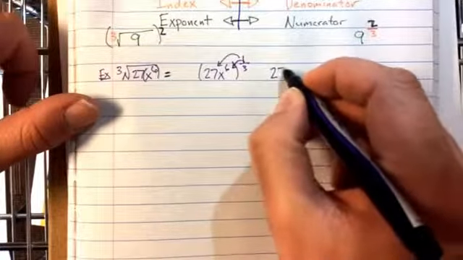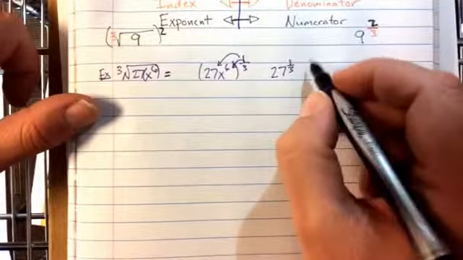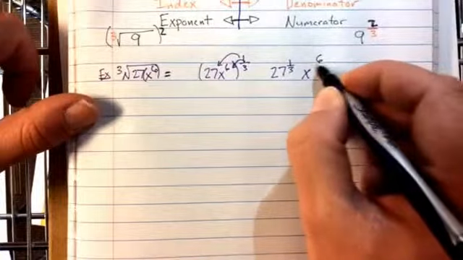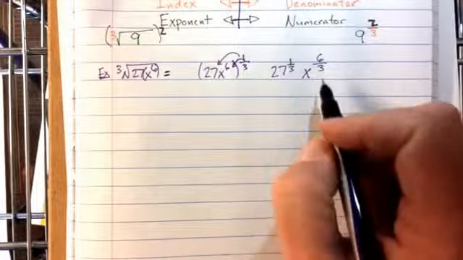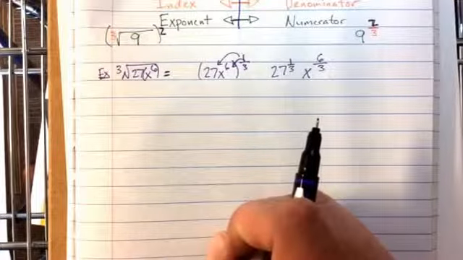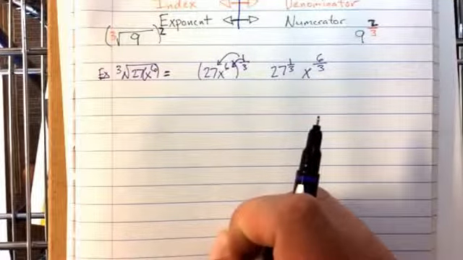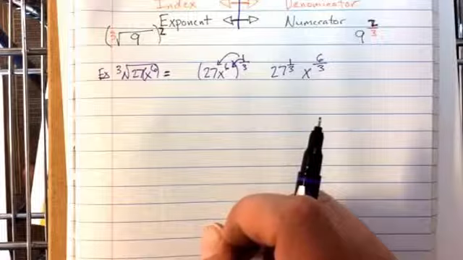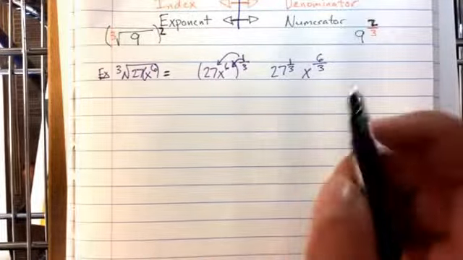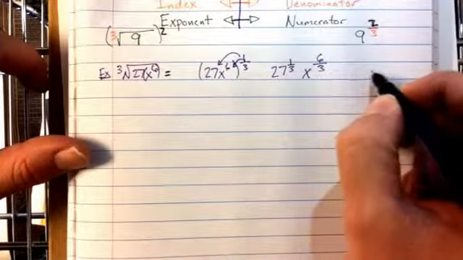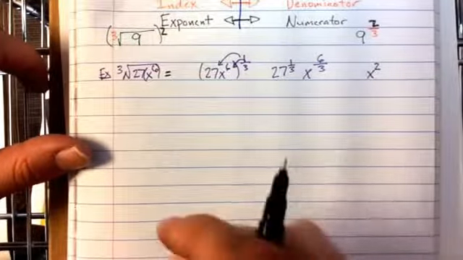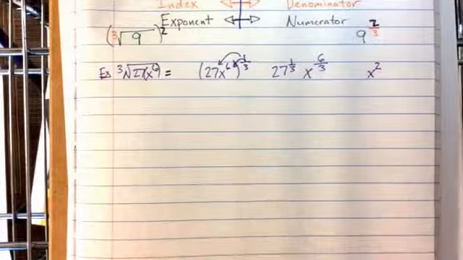So we have 27 to the 1/3 power and x to the 6 over 3, because 6 times 1/3 is 6 over 3, right? X squared. So we have 27 to the 1/3 power, and as Angelina said, x squared.